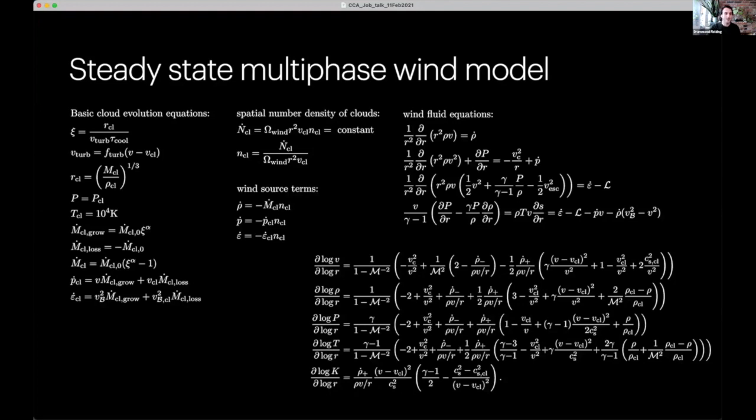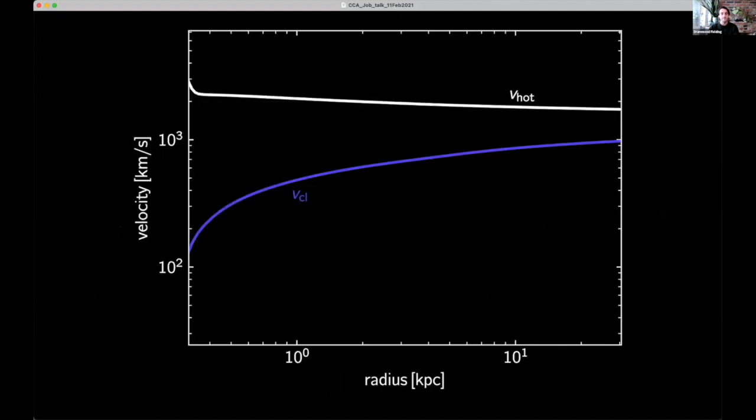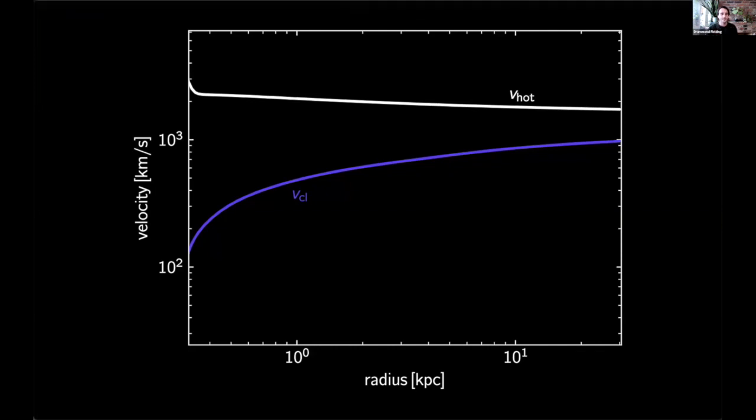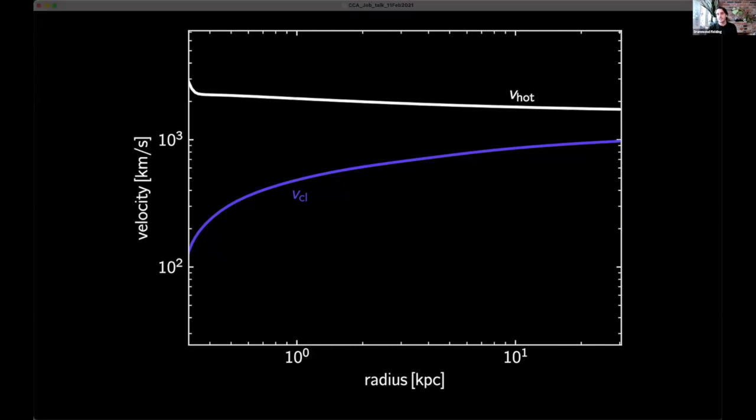Phil, I see you looking closely at these. We can put these back up at the end, but I want to show you what one of these solutions looks like. And of all the beautiful simulation movies I've ever made, all the plots I've ever made, all the graphics I've ever made, I truly believe this is the most beautiful plot I have ever made. It encapsulates pretty much everything I've ever studied.